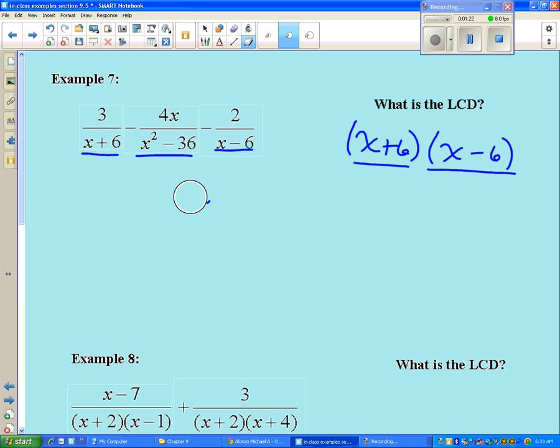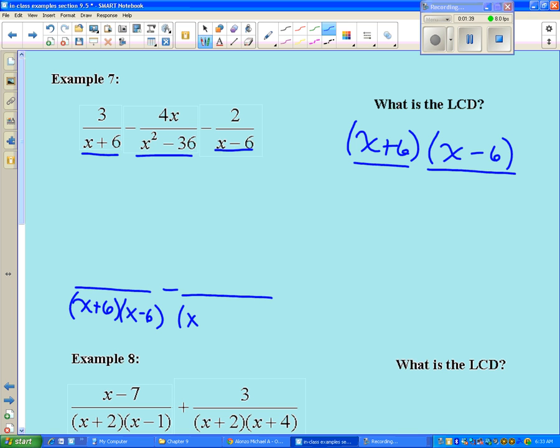So I'm going to go ahead and write it out with my least common denominator. So I want to have x plus 6 times x minus 6 minus, and then this be x plus 6 times x minus 6 minus, and then this be x plus 6 times x minus 6.